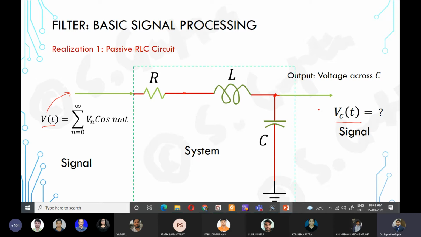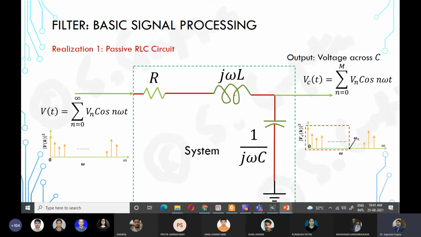We have all calculated this, right? You can see that we have now converted this L and C into the corresponding frequency domain. We have j omega L and 1 by j omega C, which we have already learned, I believe. What are these terms, j omega L and 1 by j omega C?